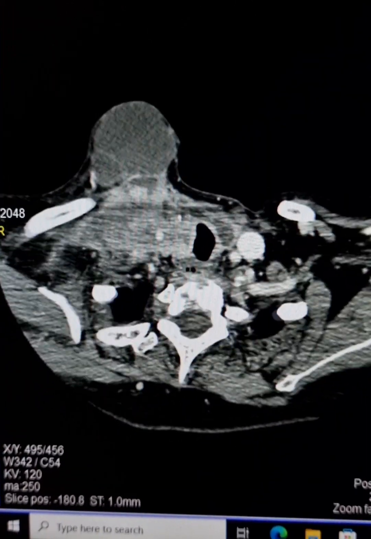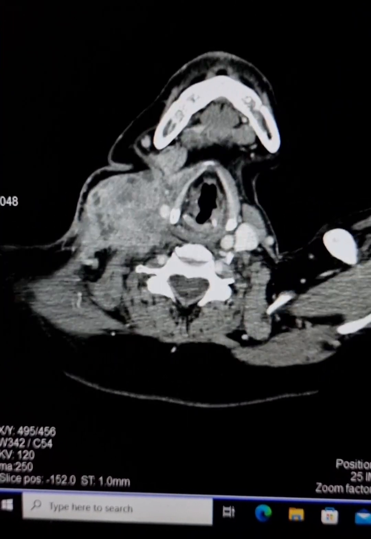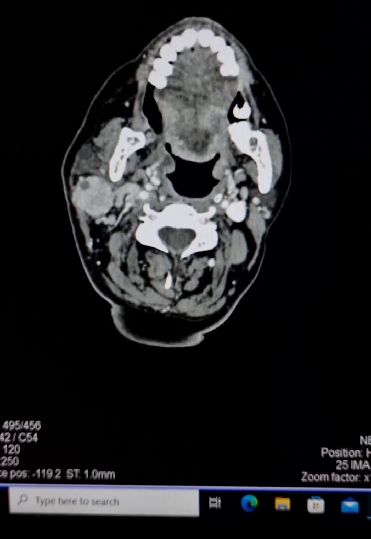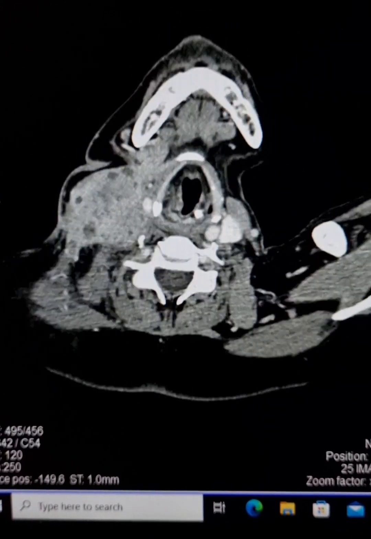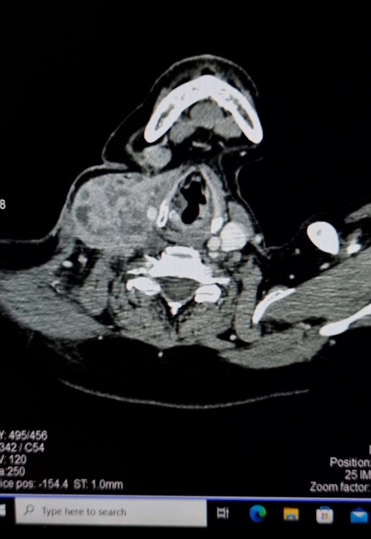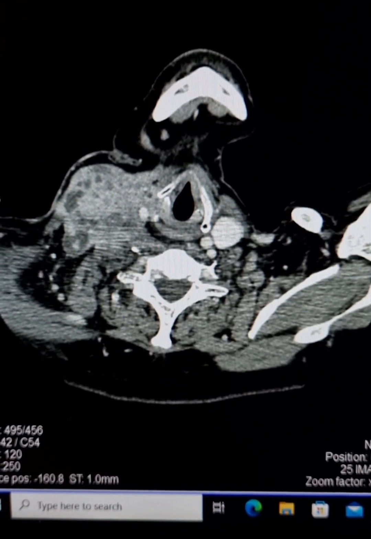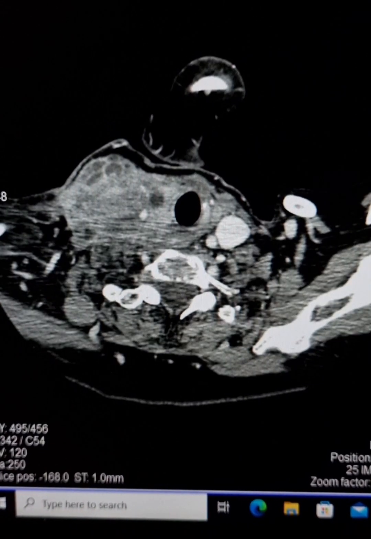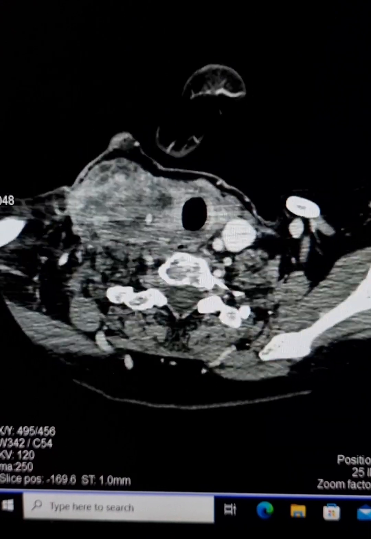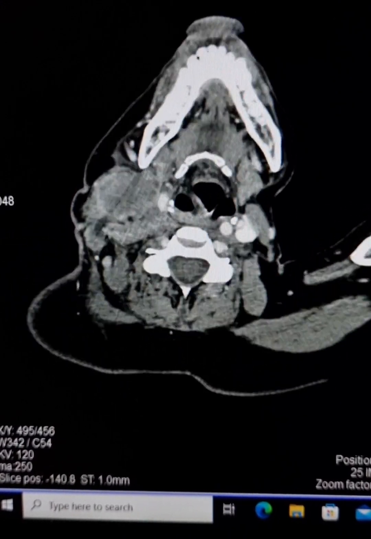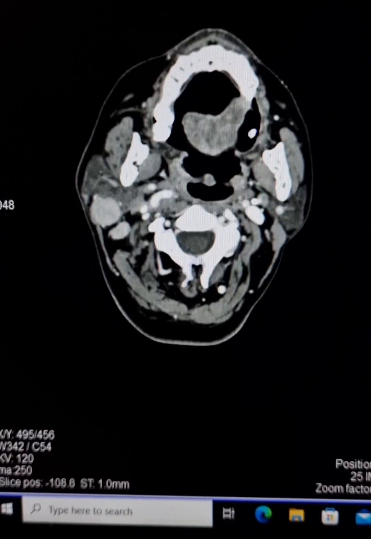The purpose of showing you this carcinoma of right lobe of thyroid is to see what to see, how to see, what to comment and how to comment, and how to mention its exact extent, involvement of different structures, etc.